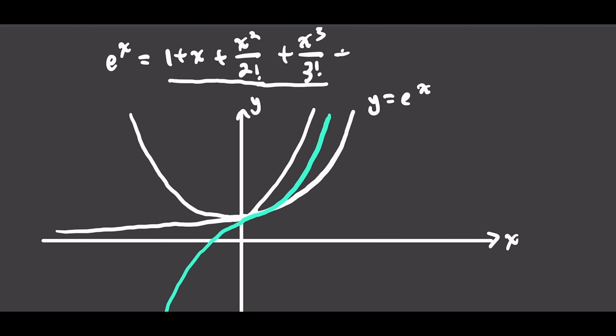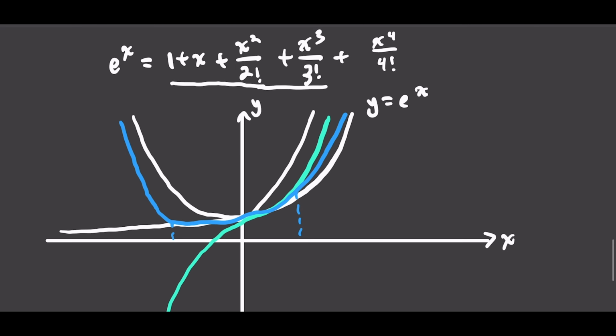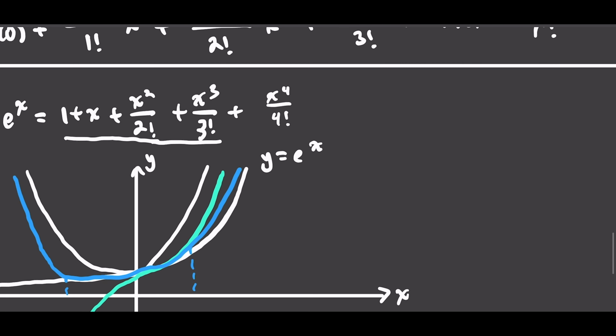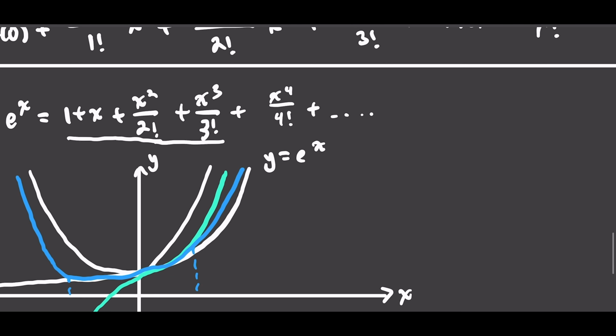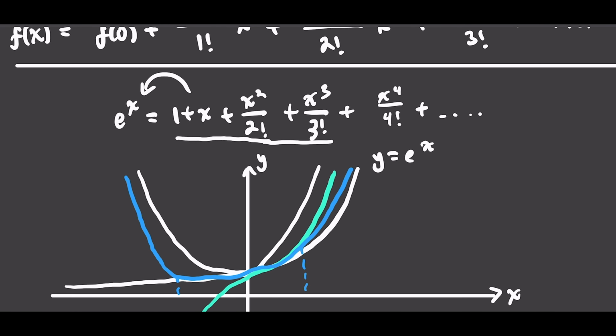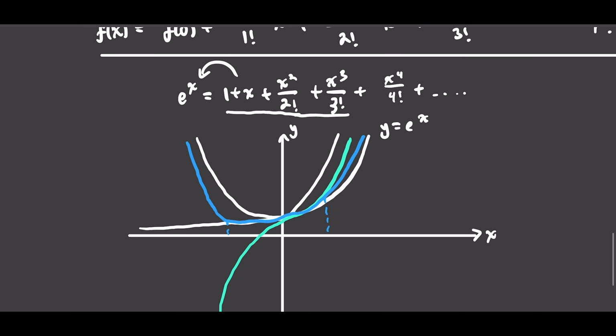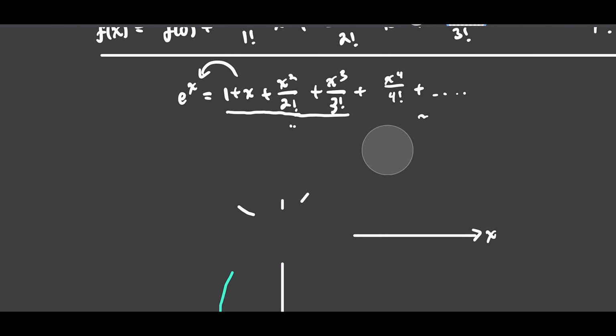However, if we want it to be even more accurate, we can add x to the power 4 over 4 factorial, or 24, and we'll get this graph, which touches the graph of e to the power of x even more. Thus, to conclude, the more terms we add to the polynomial, the more accurate the approximation to e to the power of x is.